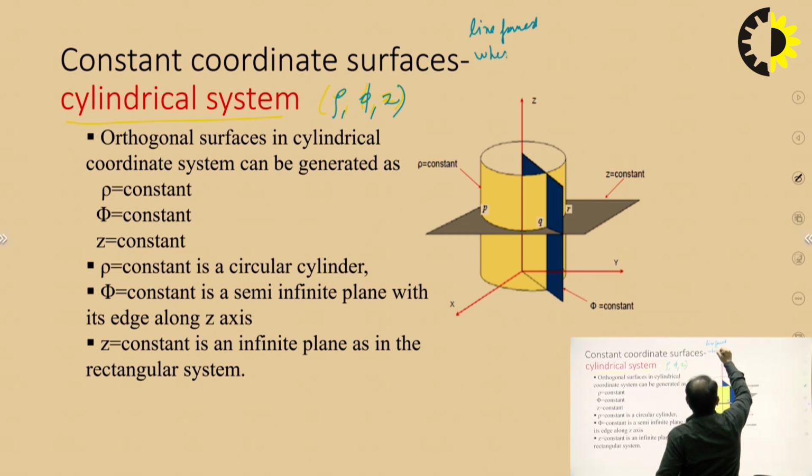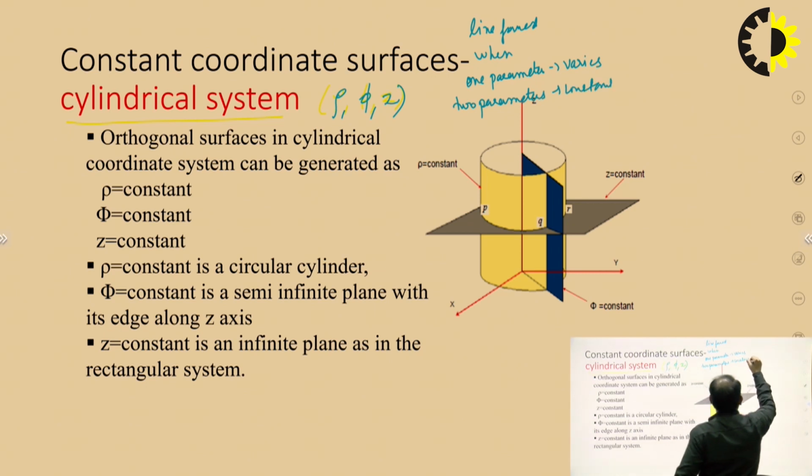Means a line is formed when one coordinate varies and two are constant. Clear?